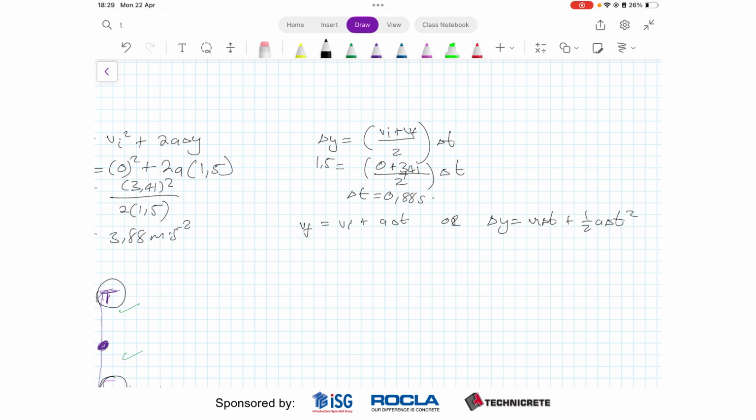Where your Vf is minus 3.41, your delta y is minus 1.5, your Vi is 0, and your time is 0.88, and you try to find your acceleration, which is 3.88, okay?